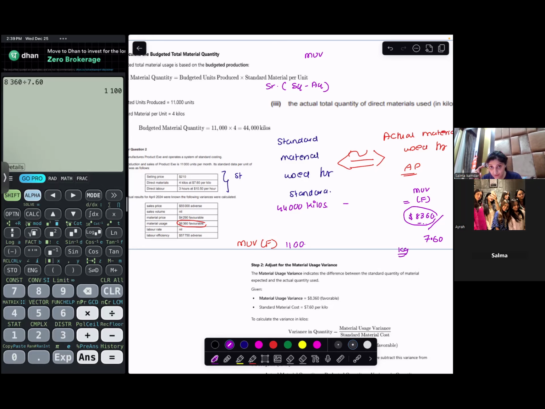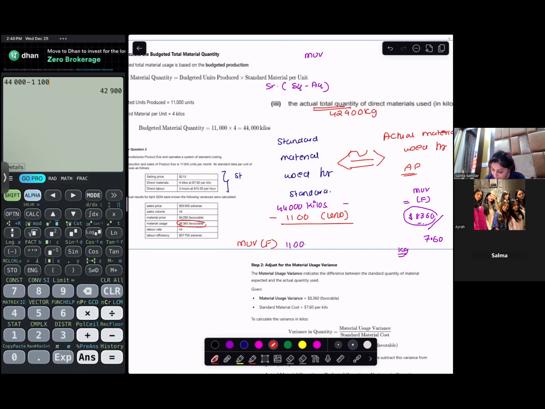So 44,000 was my standard material, and I've used 1100 kg less. So actually I have used 42,900 kilos.